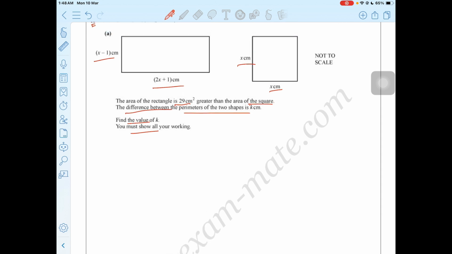So this would be x minus 1 multiplied by 2x plus 1. Let's just quickly simplify this. So this would be 2x cubed, sorry, 2x squared, plus x minus 2x, then negative 1, right?